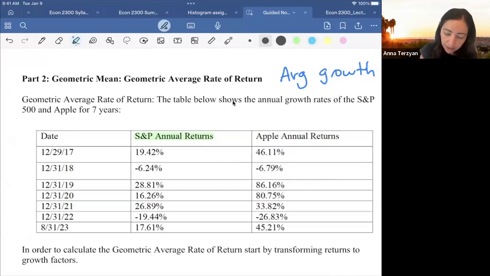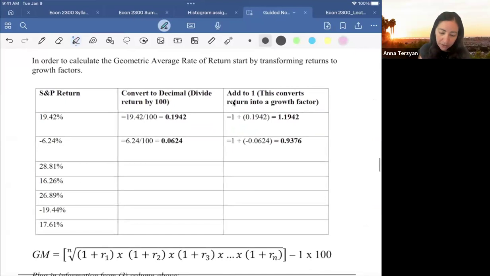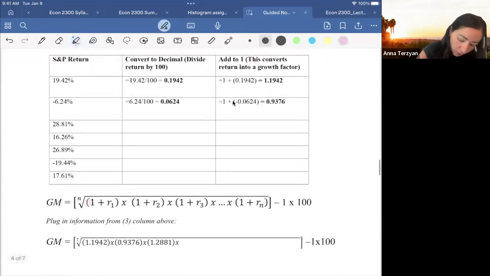And then we're going to do the same thing for Apple stock prices. We're going to set this up in this procedure. Now, this procedure is not entirely necessary, but as an initial step, it's pretty good to calculate the growth factor and then put it into the equation itself. So remember, this whole part, 1 plus R1, is going to be your growth factor.